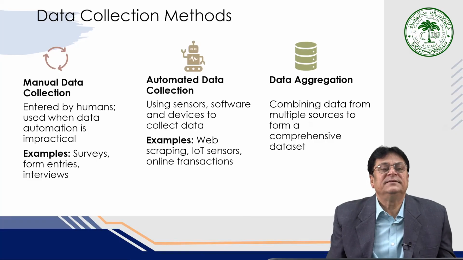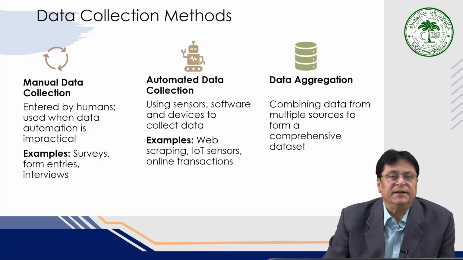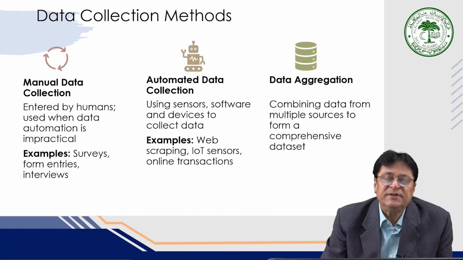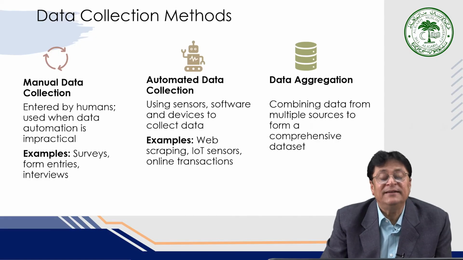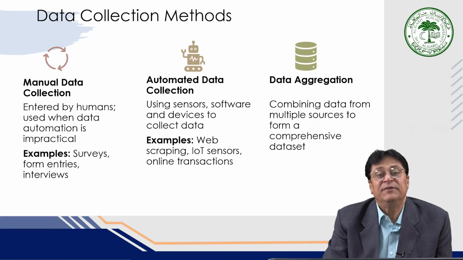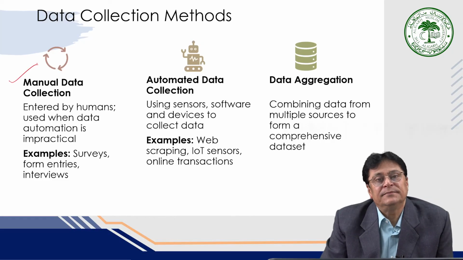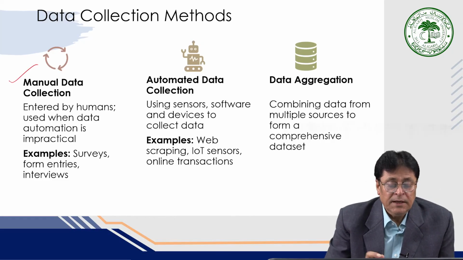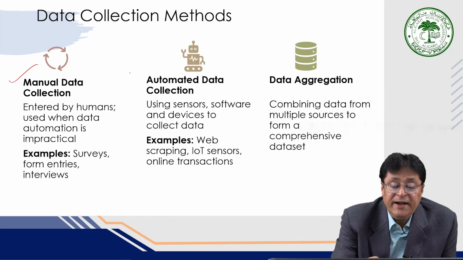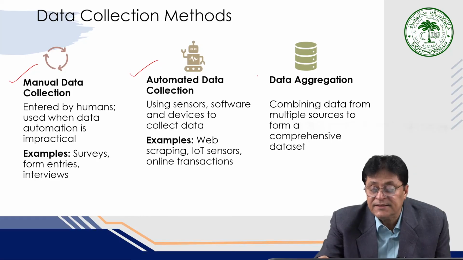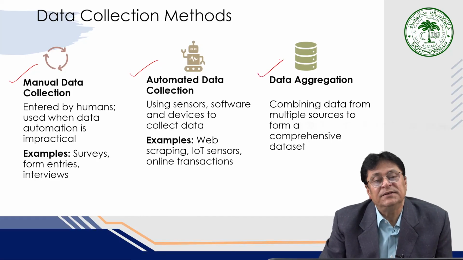So, begin with data collection methods. The first important aspect in data processing is collection of raw data, and this can be done in many different ways. One method is manual data collection. The second is automated data collection, and the third is data aggregation.